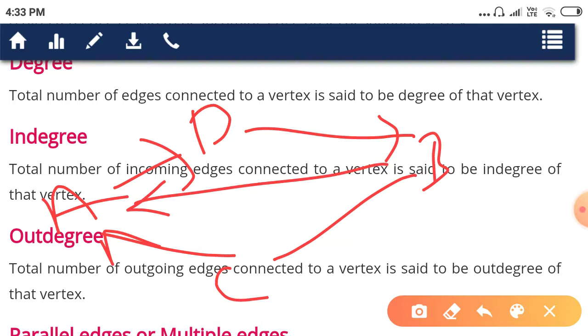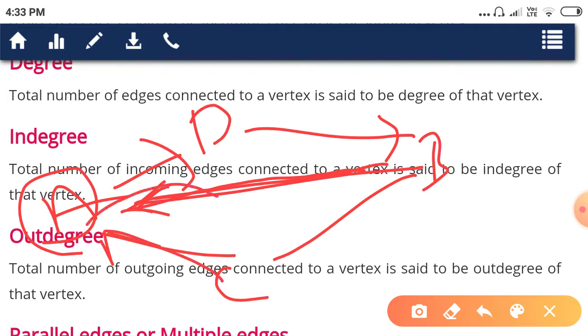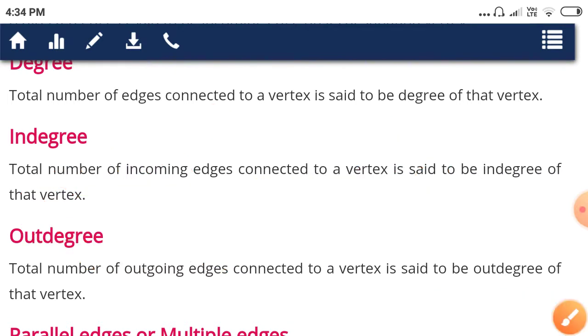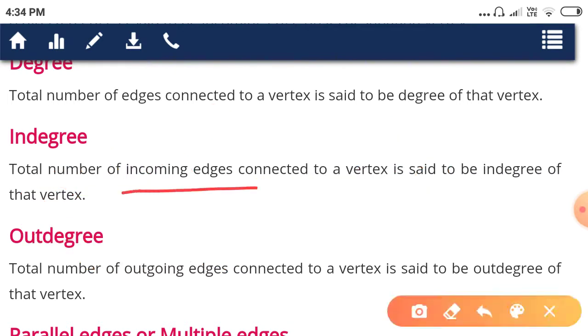How many edges are pointing to A? From B there is a direction, and from C. So these two incoming edges we have to call the in-degree. For A, the in-degree is 2. The total number of incoming edges to that particular vertex is the in-degree of that vertex.